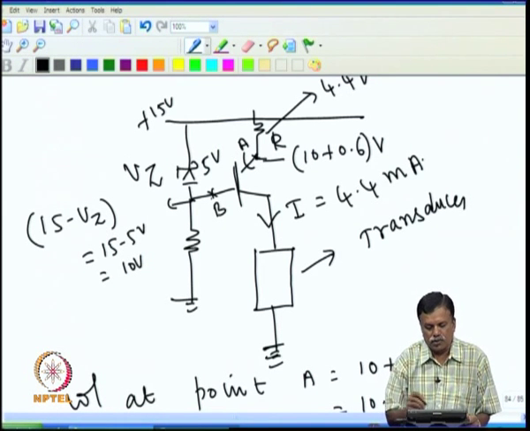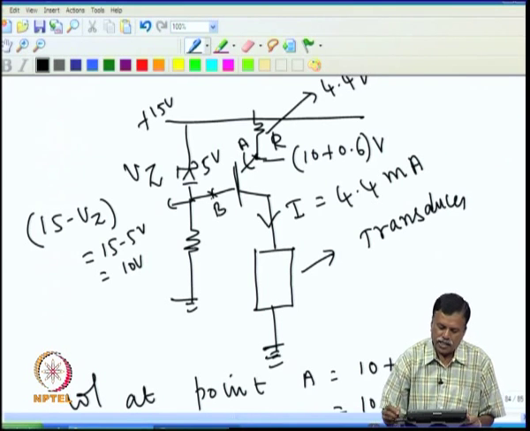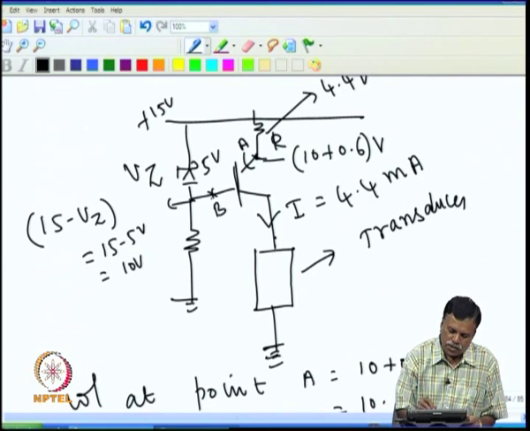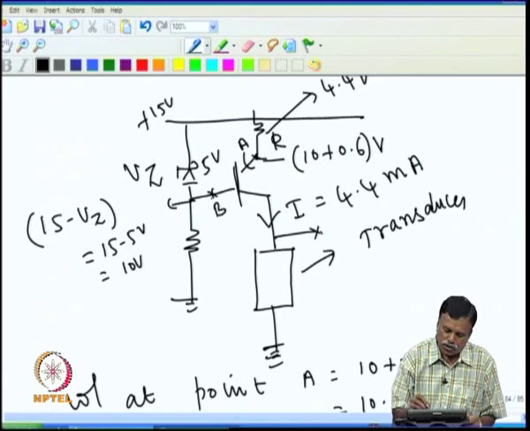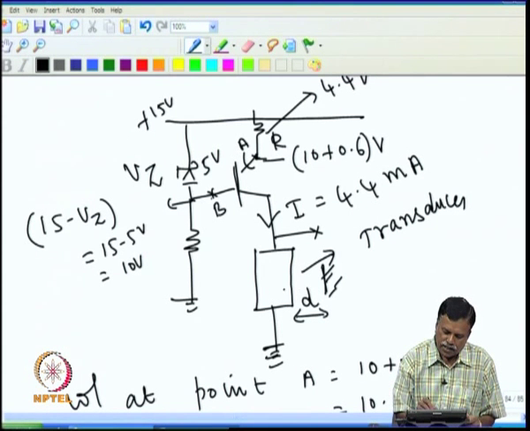So, the current flowing through the transducer is 4.4 milliampere and correspondingly you will have a voltage developed at this point. This voltage depends upon this current, and assuming the transducer has a resistance depending upon the sensor you have and the displacement D. Because of the variation in D, the resistance effectively changes.